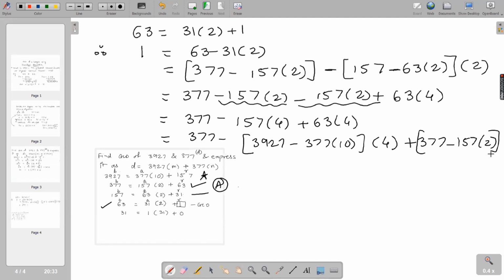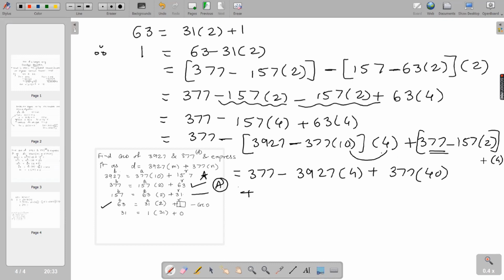And this entire thing into 4. Okay, so this becomes 377 minus, now let us simplify. So it becomes 3927 into 4. Now this minus makes it plus 377 into 10 into 4. So that becomes 40. Then plus here 377 into 4.